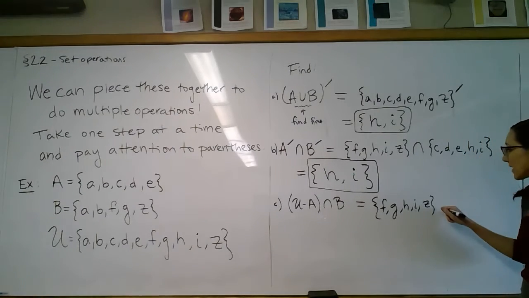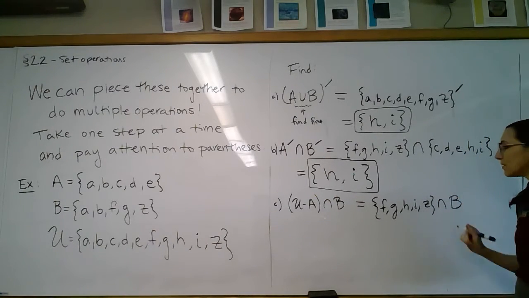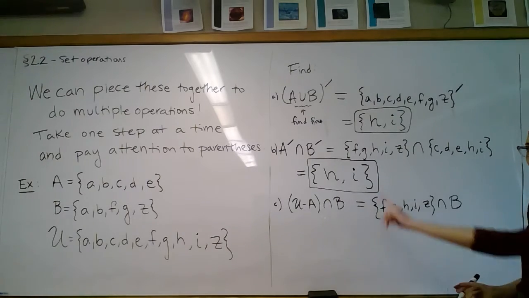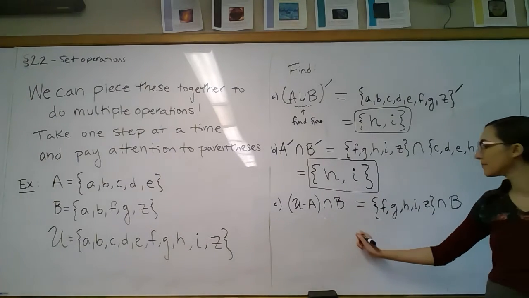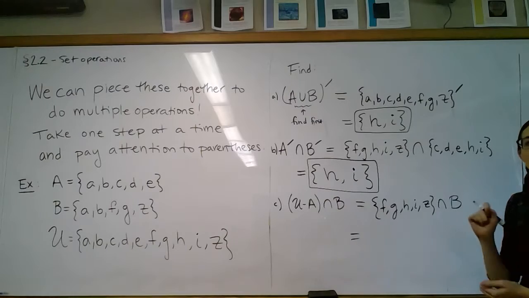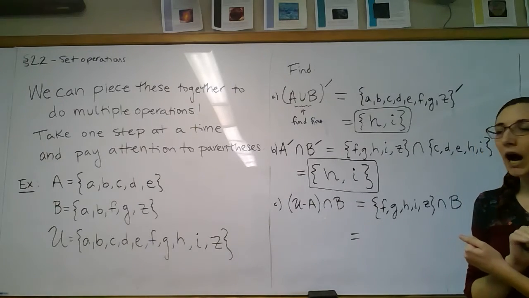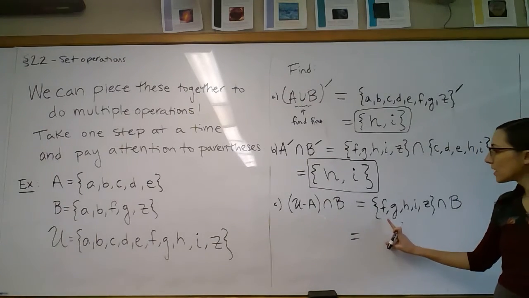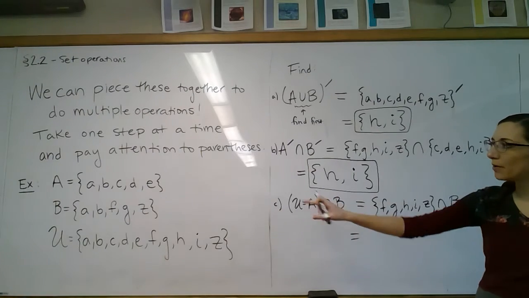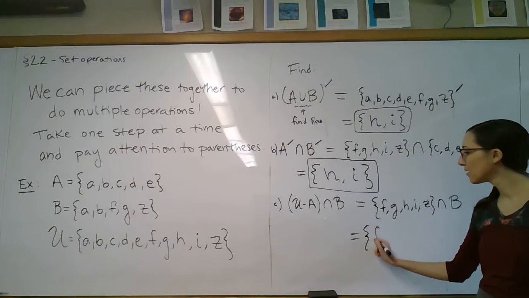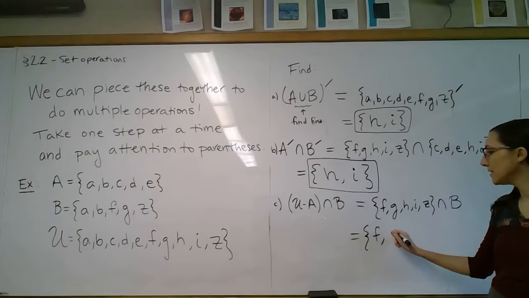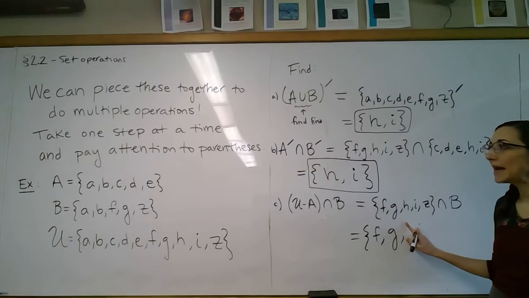Now we're going to intersect that with B. I could relist what's in B, or I can just reference over there. Remember, the intersection is the overlap, what's common to both. So we can look at, is F common to both? Yes. Is G? Yes. Is H?